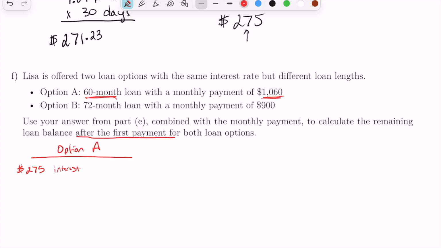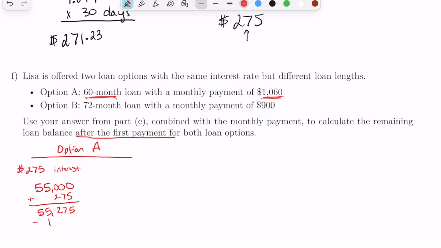So in 1 month's time, her loan will accrue $275 worth of interest, which means that if she wanted to pay the whole thing off, she would have to pay off the original $55,000 plus the $275 worth of interest that have happened in the last month. And that gets us $55,275 total. This would be her payoff if she just decided, hey, it's been 1 month, I want to pay the whole thing.